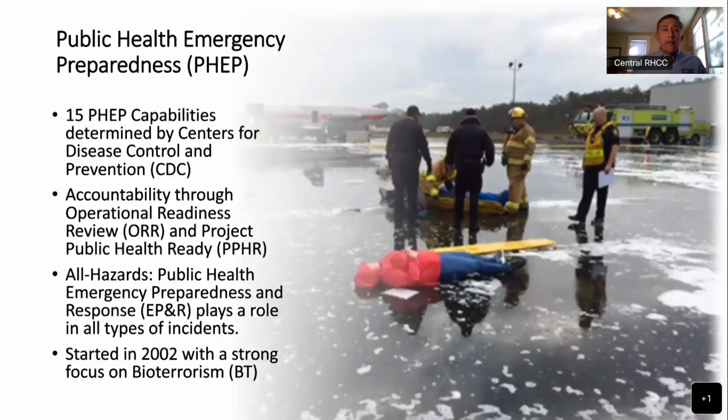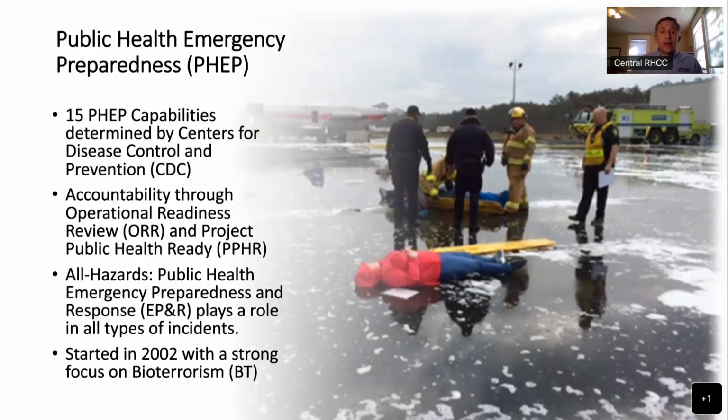So the PHEP cooperative agreement is driven by 15 capabilities, which were determined by CDC. And I'm not going to go through all of those, but a number of them are critically important for POD operations. And public health agencies are accountable to the federal government through the Operational Readiness Review and Project Public Health Ready. And those are programs that are designed to have benchmarks for state and local public health agencies to meet.